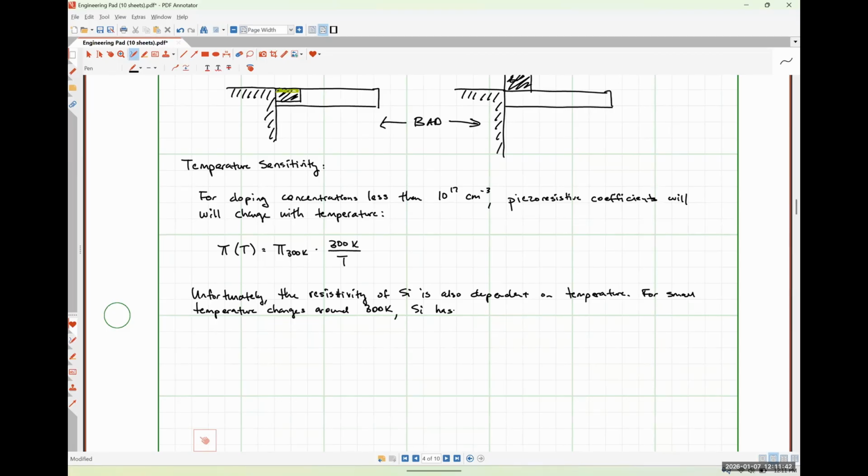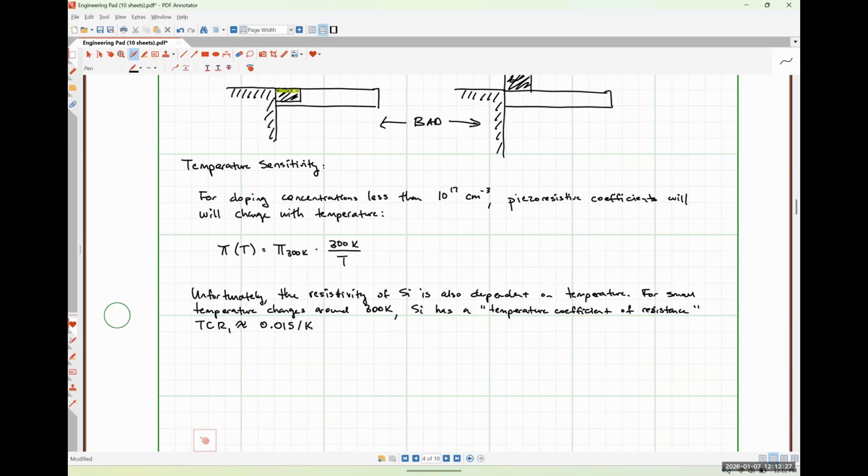silicon has a temperature coefficient of resistance, TCR1, where this one just means we're making a first order approximation because this is a very nonlinear effect, of about 0.015 per Kelvin.